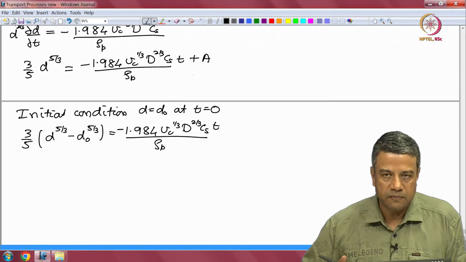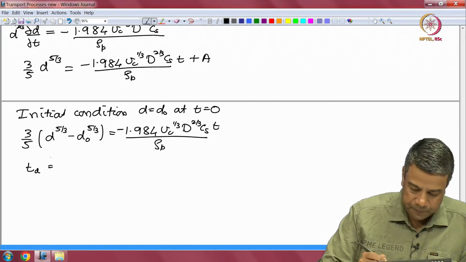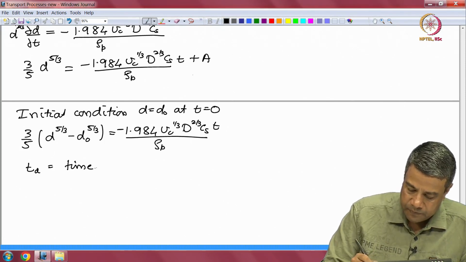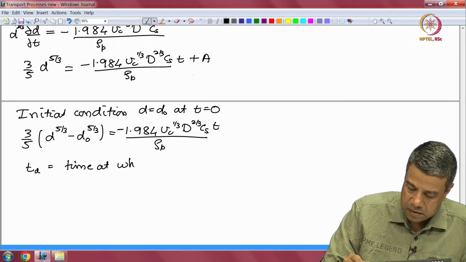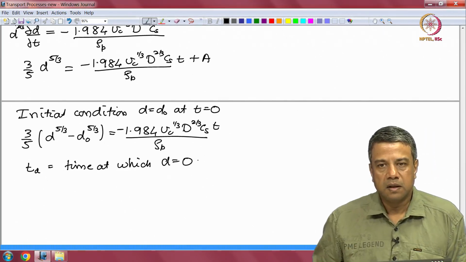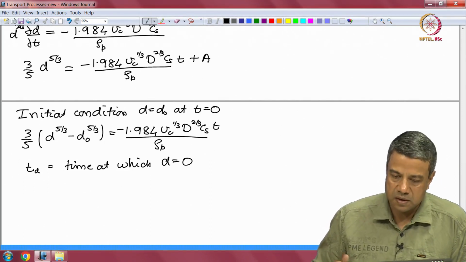What is the total time for dissolution? Td is equal to the time at which d is equal to 0. The diameter has to decrease to 0. That is the total dissolution time.